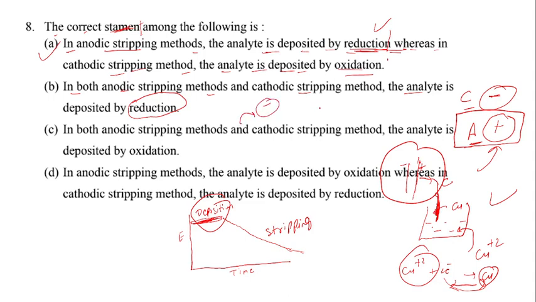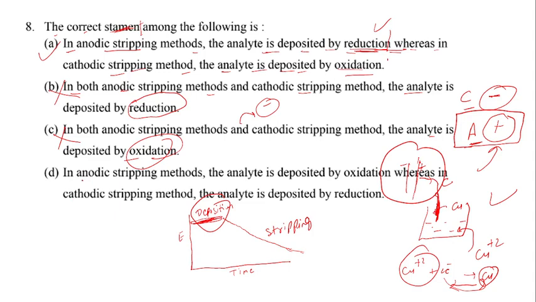If it is the positive terminal, reduction is not possible. So obviously this is the wrong option. In both methods, the analyte is deposited by oxidation, not only by reduction, as well as not only by oxidation. So this is also wrong.